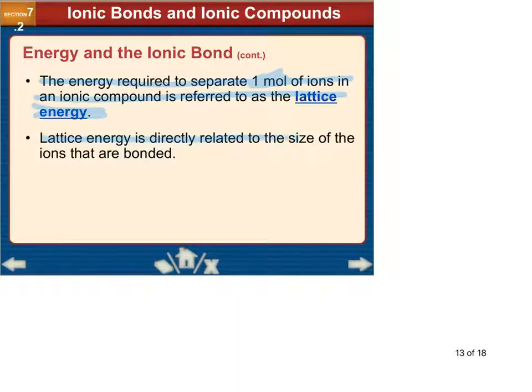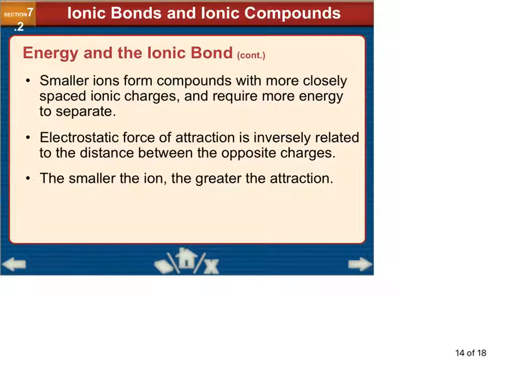And lattice energy is directly related to the size of the ions that are bonded. So if we've got smaller ions with closely spaced ionic charges, it's going to require a lot more energy. If you've got bigger ions, it's going to require less energy.